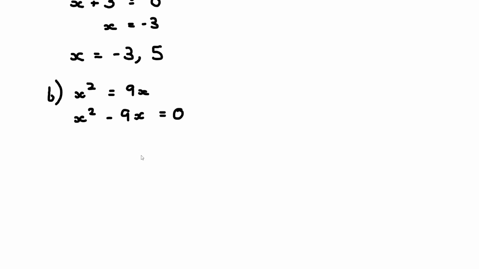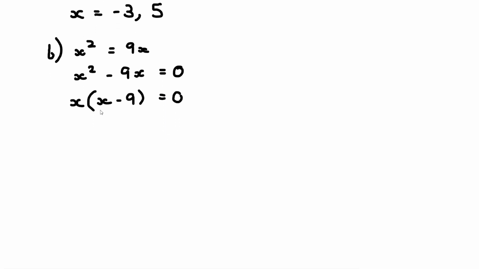In this case, we don't have a c term, or a term without any x's. So what we can actually do here is just bring an x out, and then have x minus 9 equals 0. And if it helps you to visualize it, you can write this x in brackets as well so that you've got the two brackets, if it's easier for you to think about it like that.